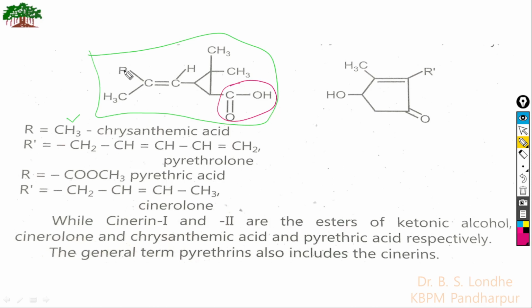When this R is replaced by the COOCH3 group, then it is known as pyretric acid. Chrysanthemic acid and pyretric acid are the two acids obtained by the replacement with the methyl group and COOCH3.